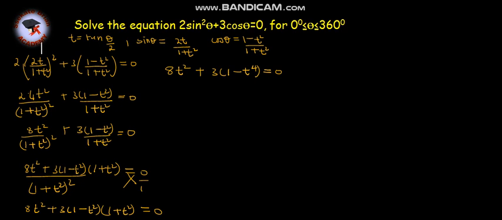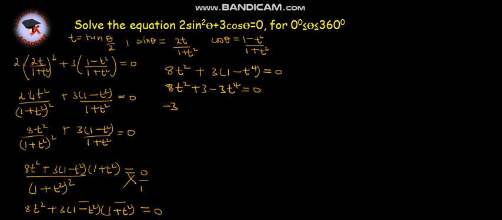So this one means that we are having a difference of two squares, so we have to put it the way it originated from. And after that we shall expand. We shall have 8t squared plus 3 minus 3t to the power 4 is equal to 0.